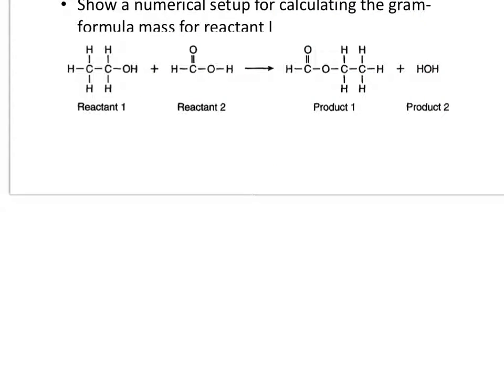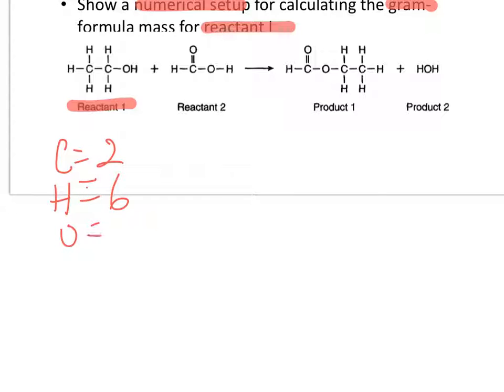Okay, so we want to show a numerical setup for calculating the gram formula mass for reactant 1, and this is reactant 1. With reactant 1, we have 2 carbons, so we're going to take 2 for carbon, 6 for hydrogen, and 1 for oxygen. We know that these are 12, 1, and 16.